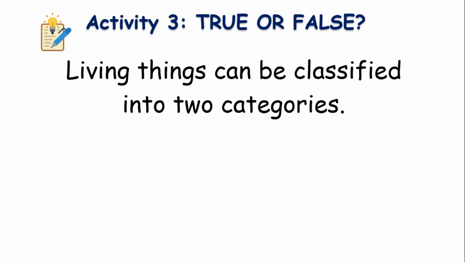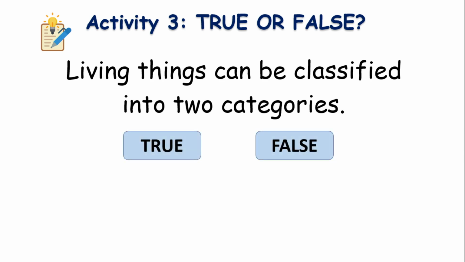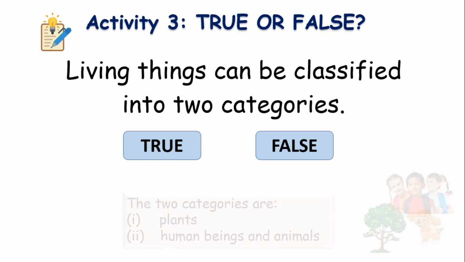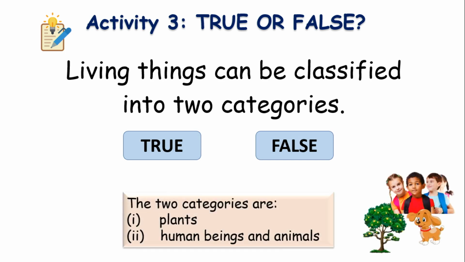Next, living things can be classified into two categories. Is this true or false? We have learned that the two categories are plants and human beings and animals. Hence, this statement is true.